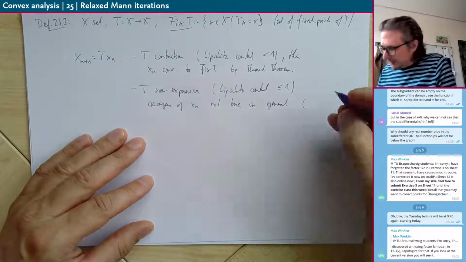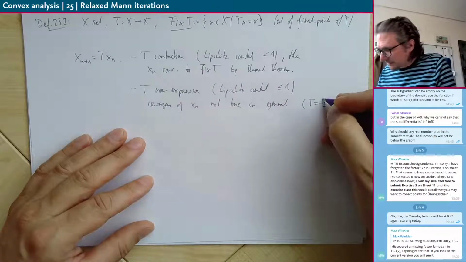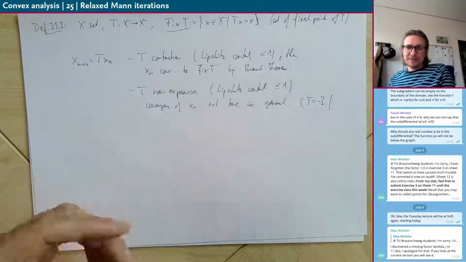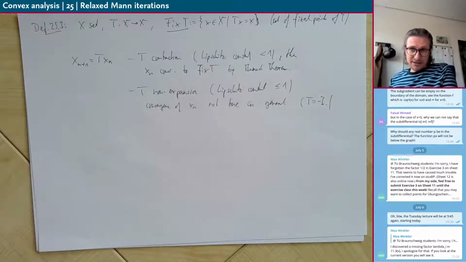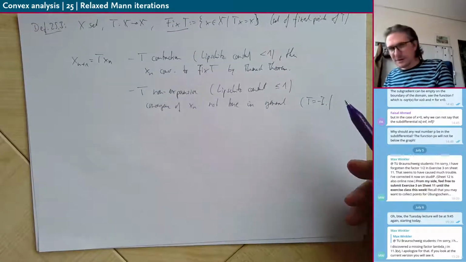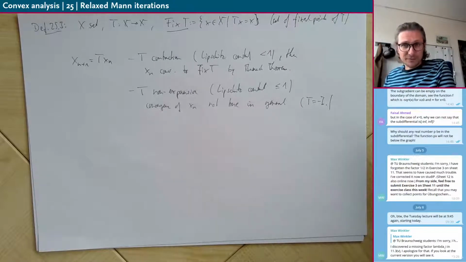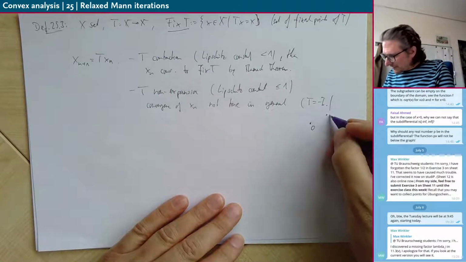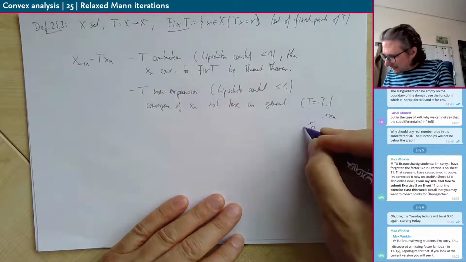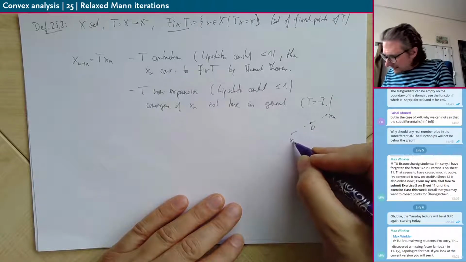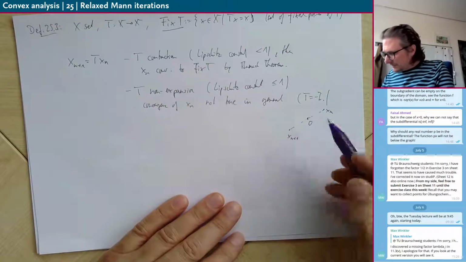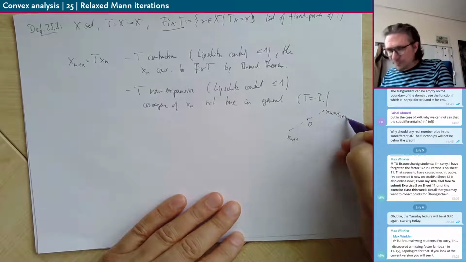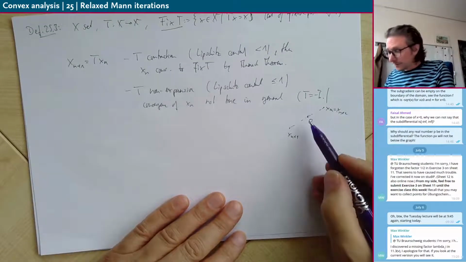And of course, a simple example is T is minus the identity. If T is minus the identity on a Hilbert space, then it just flips an element around the origin back and forth, and you will never see convergence to any of the fixed points. But of course, there is a fixed point in the middle. So here's our origin, and this here is x_n, then x_{n+1} would be here, and x_{n+2} would be there again, and you will never converge, although there is a fixed point right in the middle.